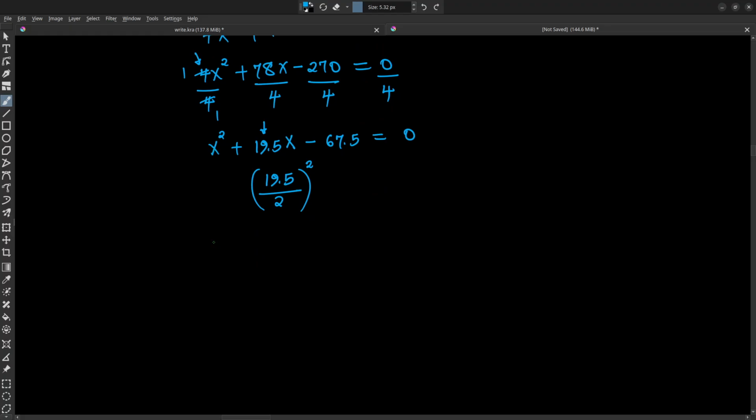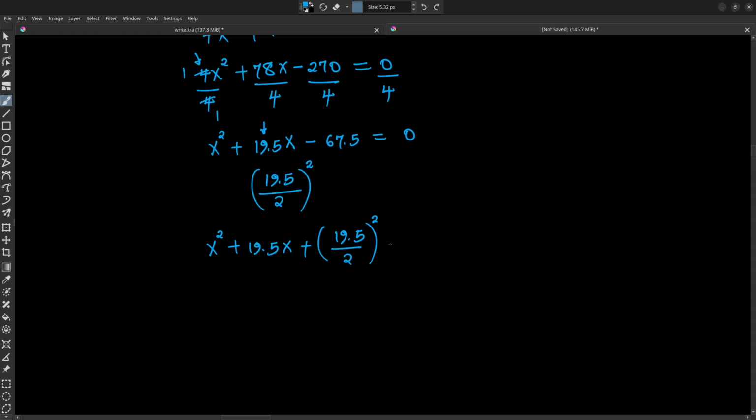So we have the x squared. We write it. The second term was plus 19.5x. But before we write this third term of negative 67.5, what I want us to do is we take this term we got, plus 19.5 over 2 squared. You see, we have added that term.